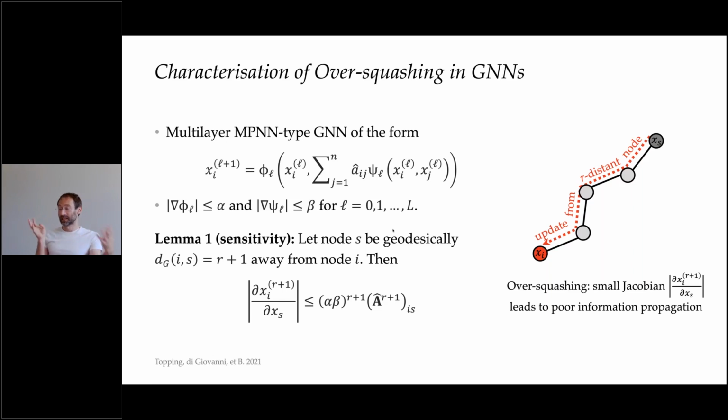Okay, and I can write it as a derivative, a Jacobian. And if this derivative is small, it means that my output is insensitive to the input. And we show that we can bound it well by the Lipschitz constants of the message passing functions, but also it depends on the structure of the graph in some implicit way through the power of the adjacency matrix of the graph.